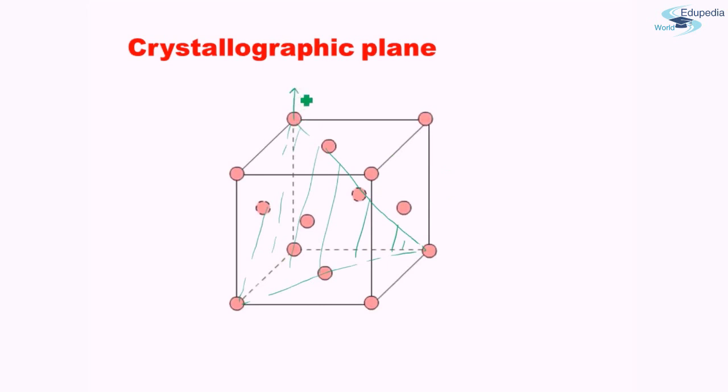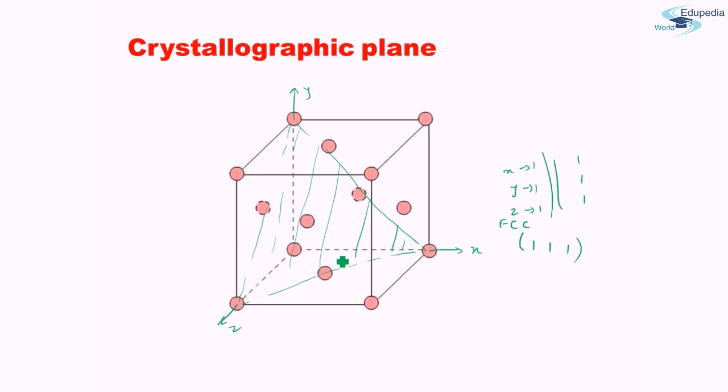If this is y, x and z, it cuts x at 1, y at 1 and z at 1. Take the reciprocal: 1, 1, 1. So the close packed plane for FCC is 1, 1, 1. There are similar close packed planes which will lie in the family of 1, 1, 1 itself. You can try that as an example for your own sake.